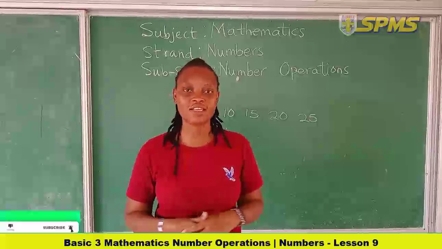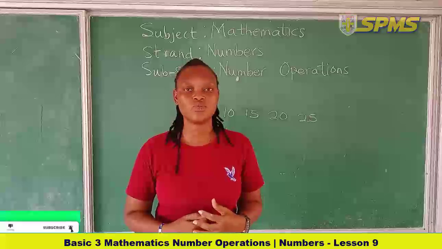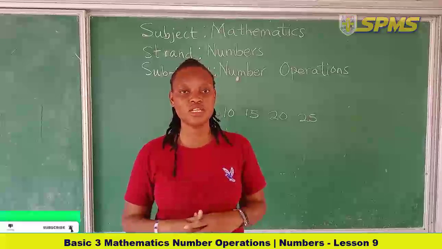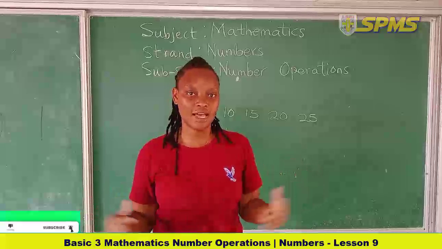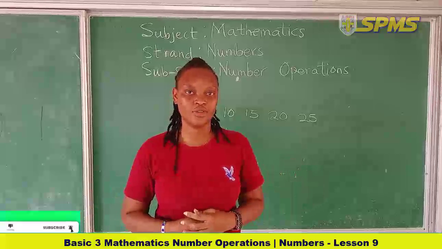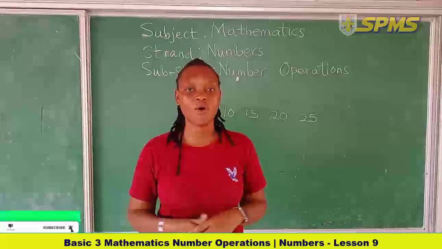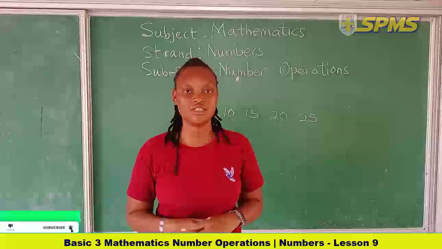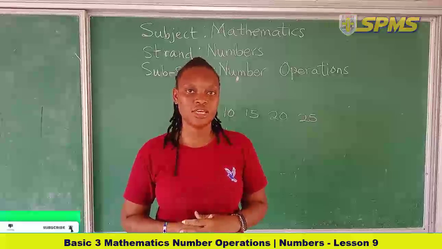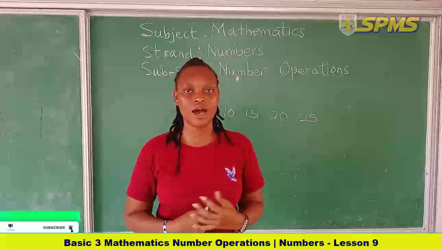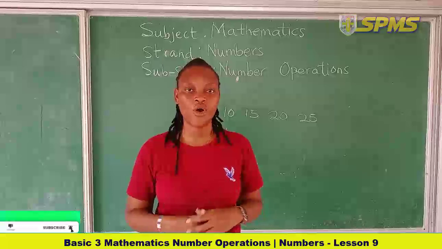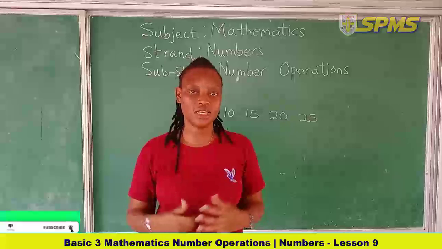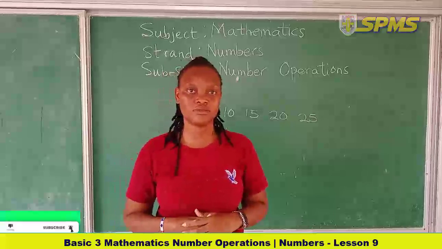And then our last strategy was finding the answer of multiplication using the number line. Good. Children, try more examples using these strategies in multiplication, either the rectangular arrays or the number line, or you can do the skip counting.